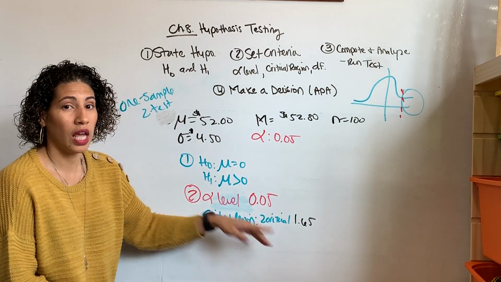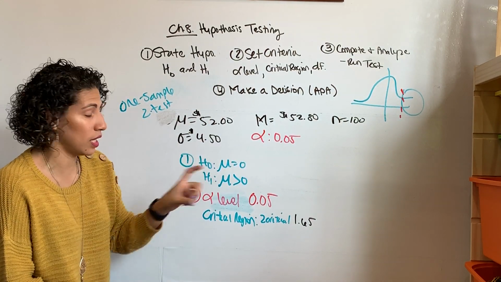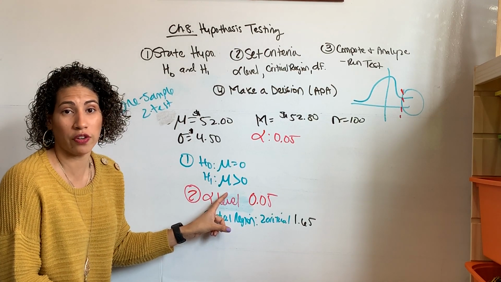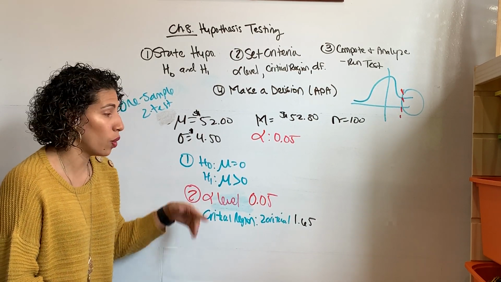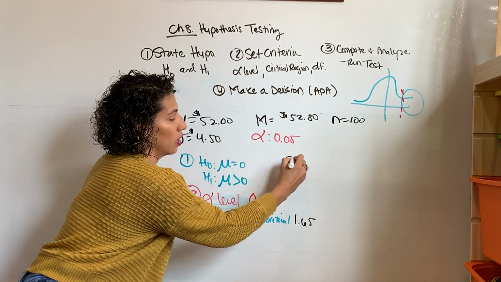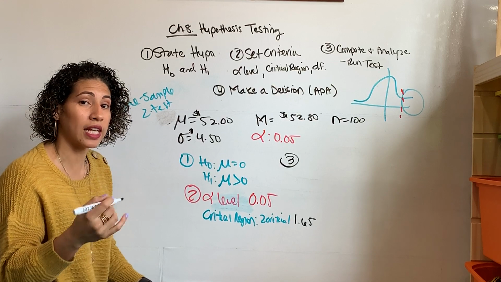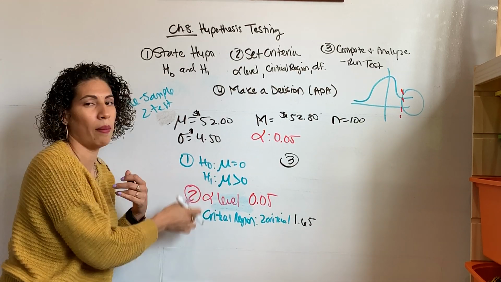So in other words, if you start thinking about how all these are building up, you actually have your educated guess, then you have your criteria. And step 3 is going to be compute it or run your test. Once you run your test in step 3, you're going to get a z-statistic. What do you do with that number? That's where these come back.